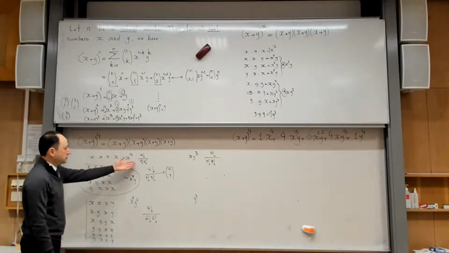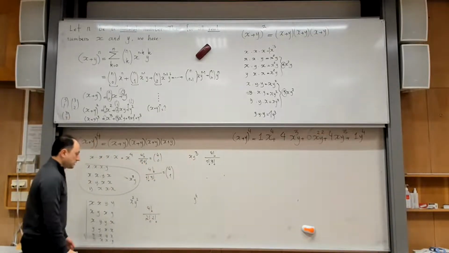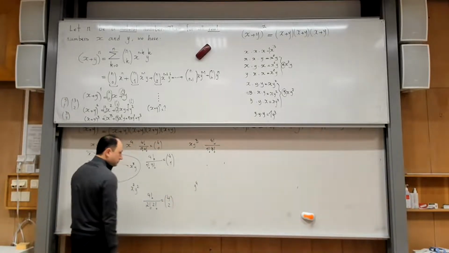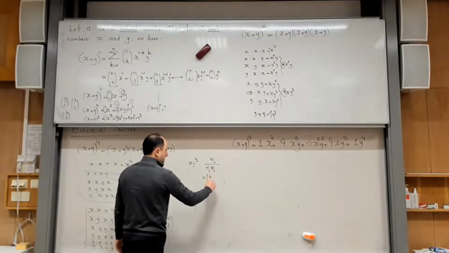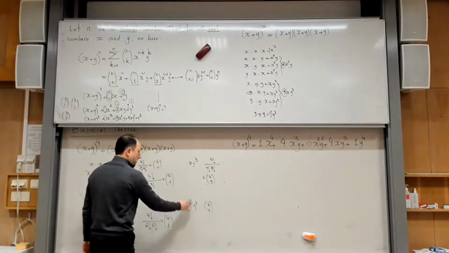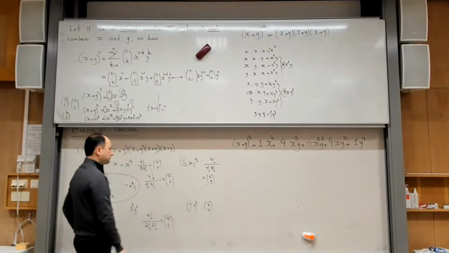X is repeated 4 times. But this is 4 choose 0. Yes? And hopefully you immediately recognize that this is 4 choose 2. Yes? And this is 4 choose 3. And that is 4 choose 4. The coefficient is 1 here. The coefficient will be 4 here. Yes.